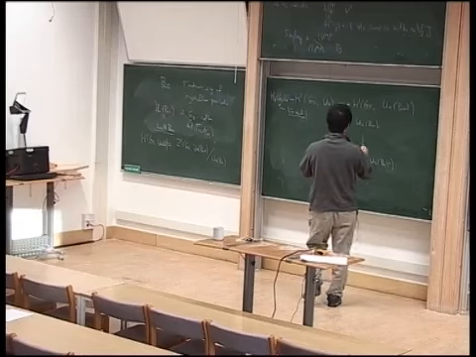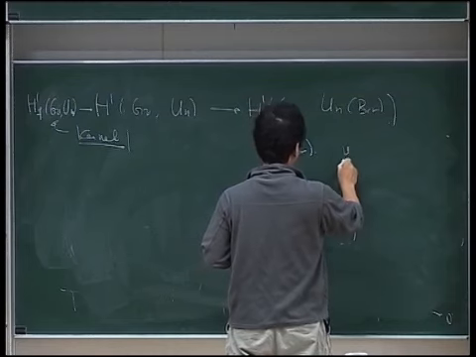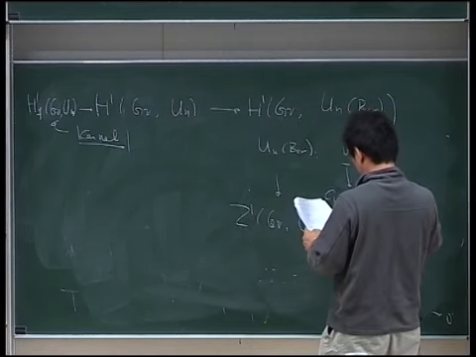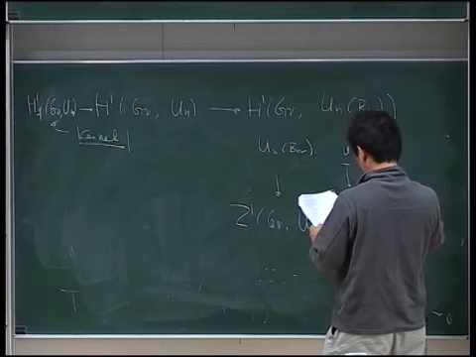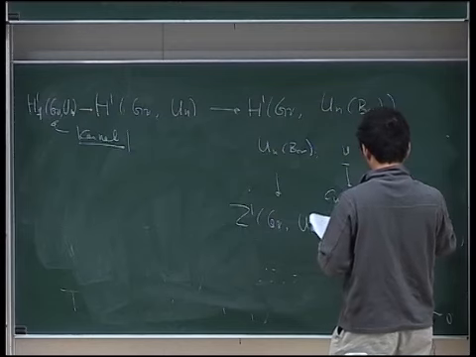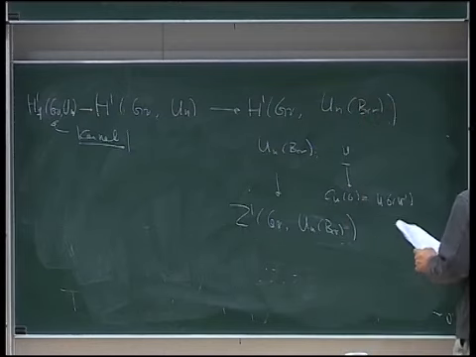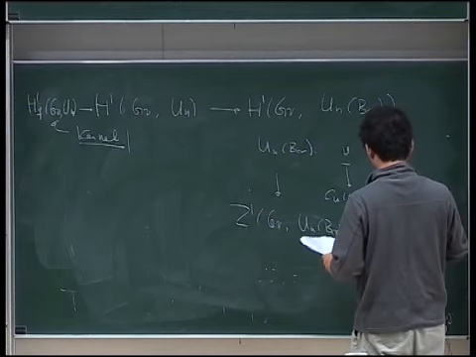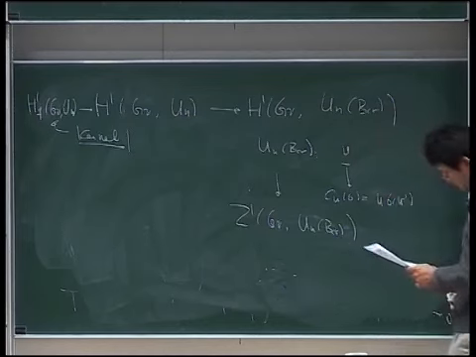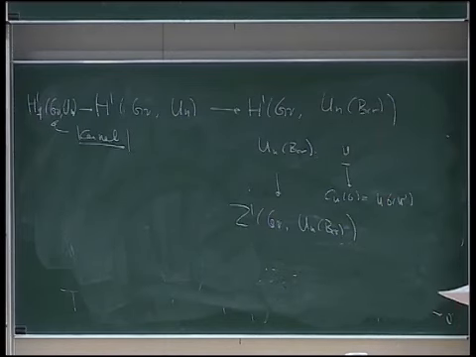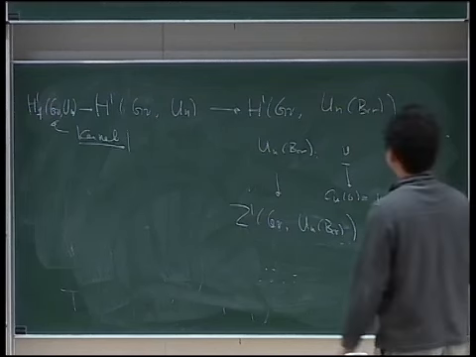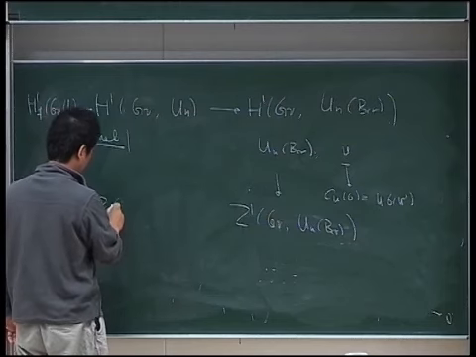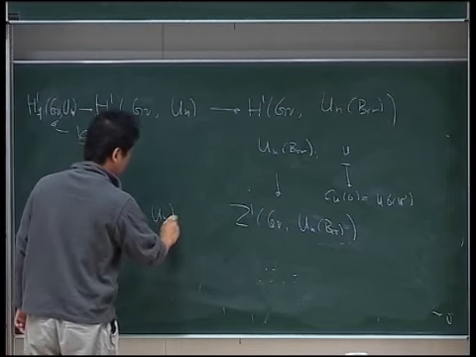This is the map that sends u to c_u, whose value on sigma, according to the convention I had before, was u sigma(u) inverse. I think I wrote it the other way around, but it doesn't matter because by replacing u by u inverse, we just get the same. These trivial cochains are all the same, trivial cocycles. So there's that map on the one hand. On the other hand, we have the map from H1 of G_V with coefficients in U_n(Q_p) to this thing via inclusion.